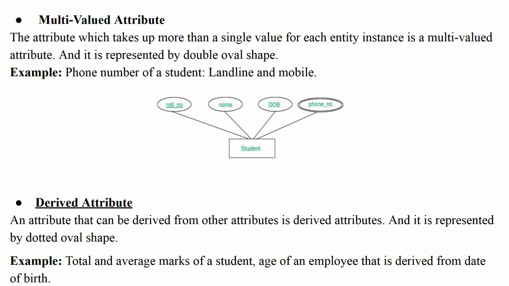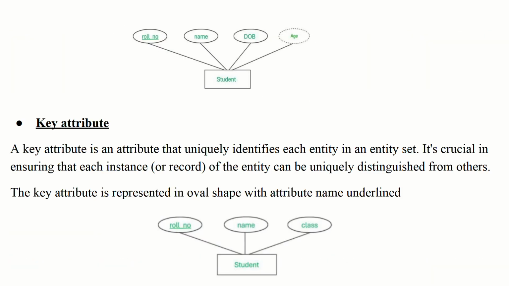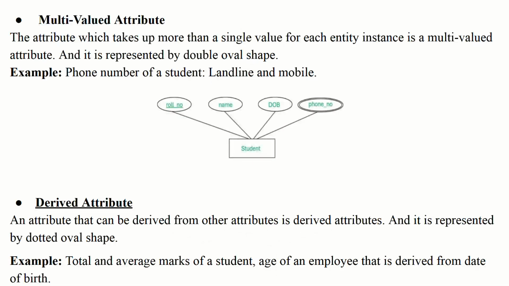Then comes the derived attribute. A derived attribute is one where we calculate something. Aggregate functions come under this derived attribute. A very simple example: if we have a column called salary, we can find the sum or the average, the highest salary or minimum salary. How are we getting this? From the existing column.